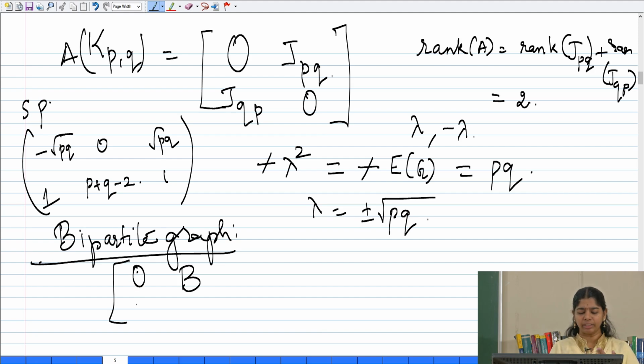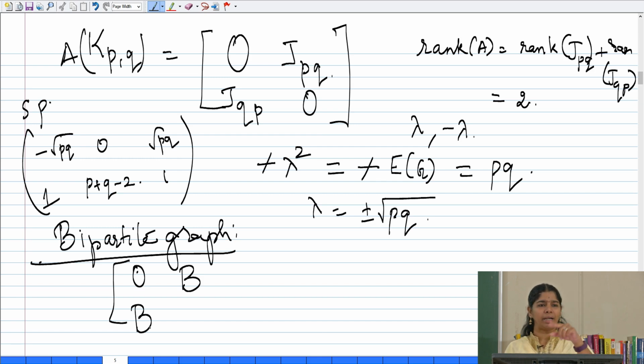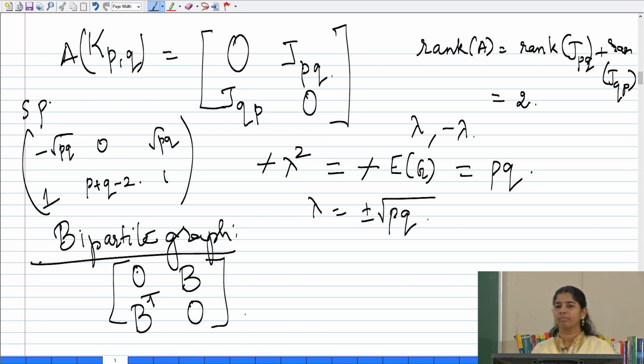The only difference is that you may not have the J matrix, the all ones matrix, because when it was complete we had all ones, that was one easy way of looking at it, but we will not have all ones possible here. So, we will have a B matrix, something which takes the adjacency into account, and on this side we will have B transpose, the transpose of it, followed by 0. So, this will be the structure of the adjacency matrix. In fact, even for the incidence matrix a similar structure will be there.